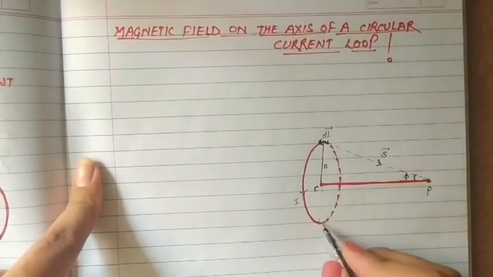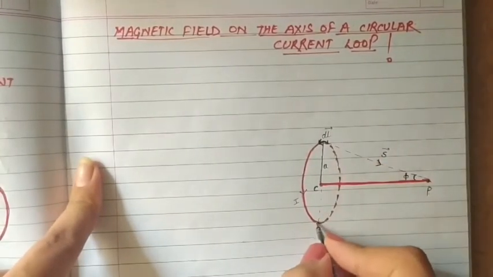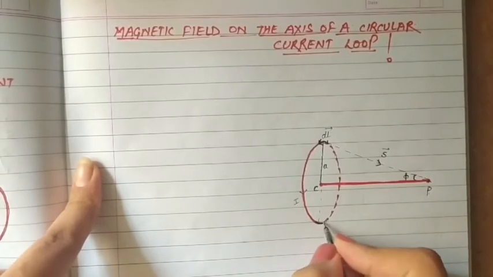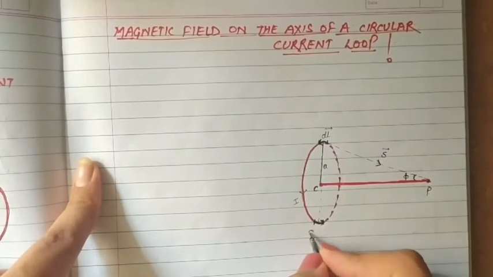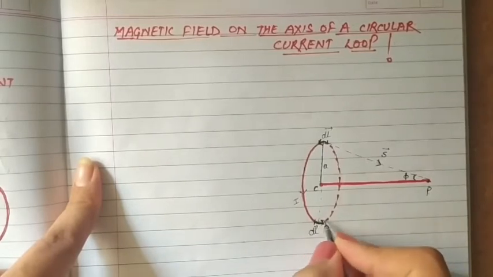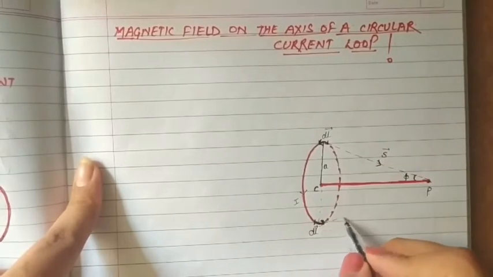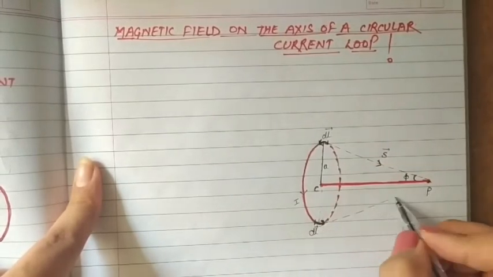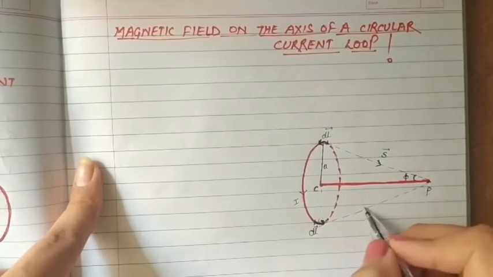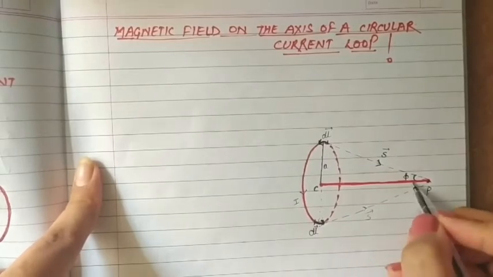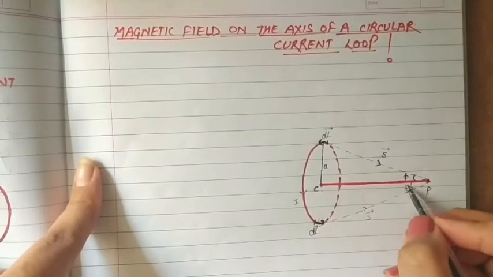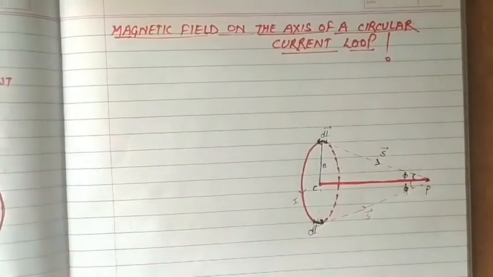Similarly, we can also consider an element here, symmetrically. This is also of length dl vector. We considered it just opposite to the first one, and the distance, if we see, will again be S vector, and the angle will also be the same, that is phi.